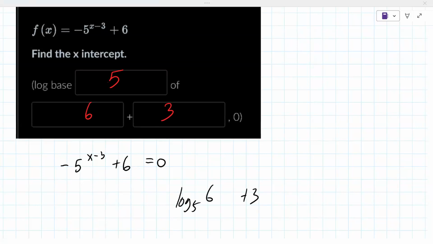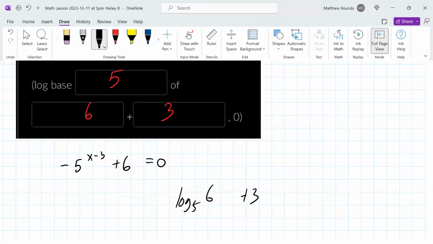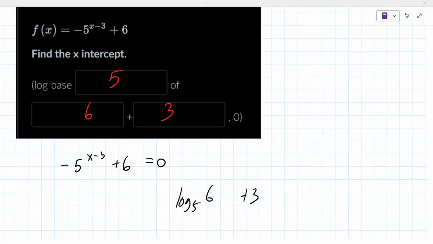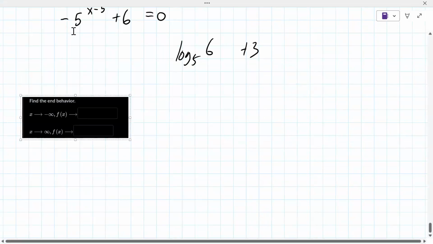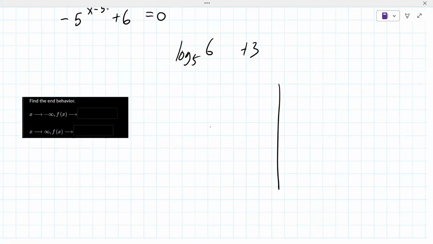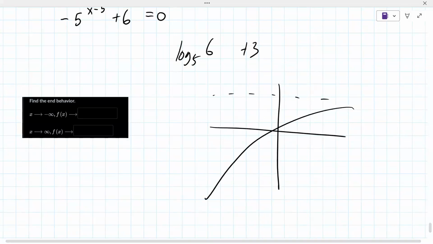So the end behavior comes from the graph. As I mentioned a few times, it will approach a horizontal asymptote. The negative tells you that it's going to come from the bottom. This negative in front here tells you it comes from the bottom.